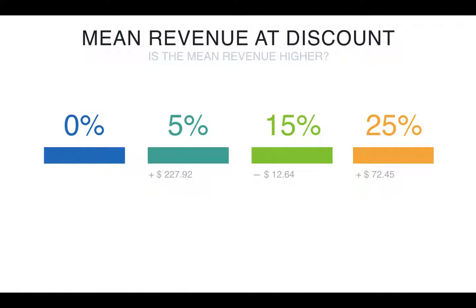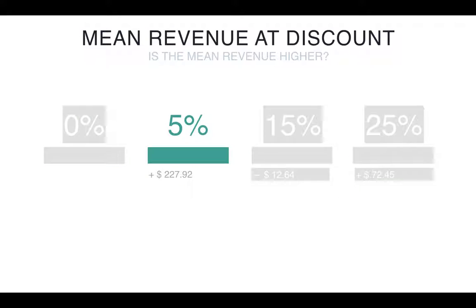So I could see that the mean revenue by discount level was $227 more for 5%, whereas with a 15% discount, we had on average $12.64 less revenue per order. And at the 25% discount level, we can observe 72.45 extra dollars per order on average.